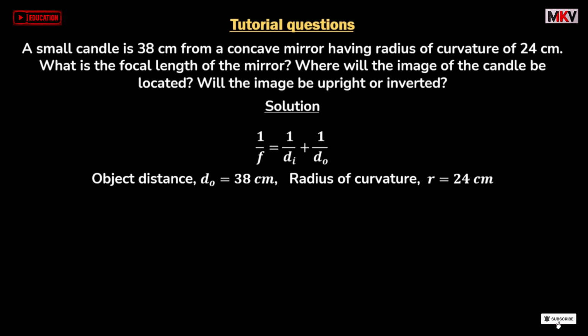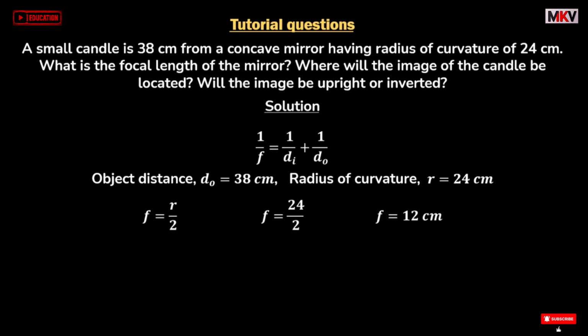So we are looking for f. So therefore, our f is equal to r over 2, radius of curvature divided by 2. Therefore, substituting into the equation, we have our f to be 12 centimeters. So the focal length of the concave mirror here is 12 centimeters.